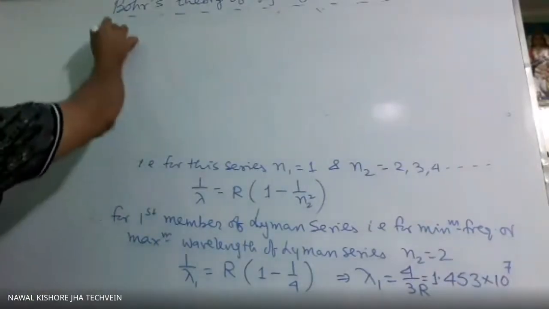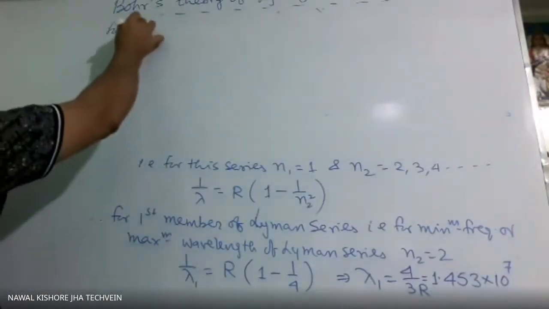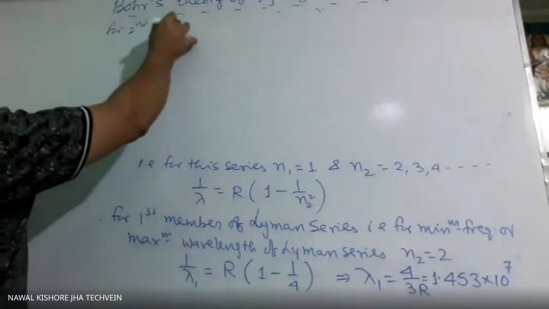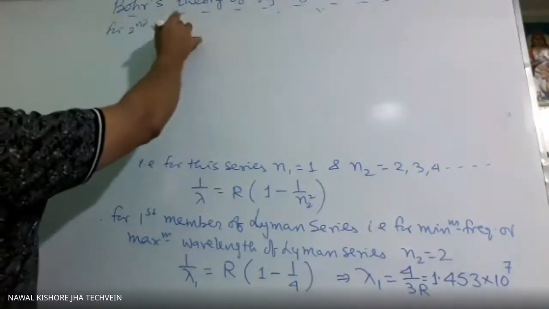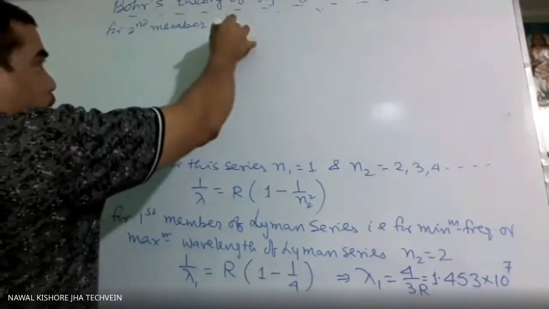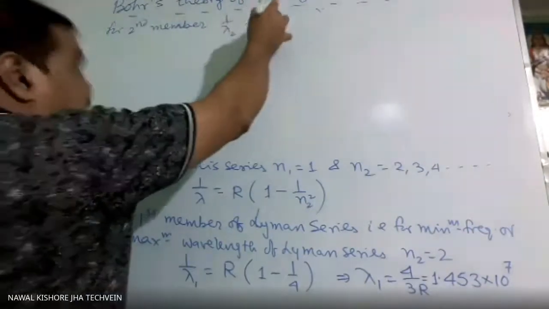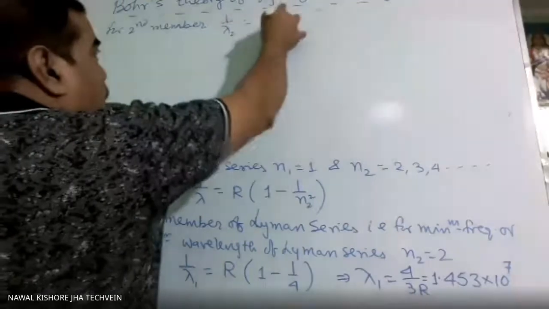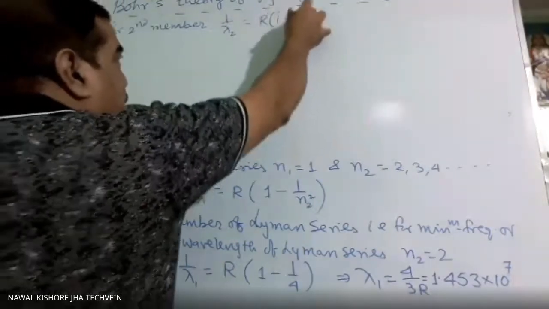For second member, what will be? 1 by lambda 2 will become R times 1 minus 1 by 9, 3 squared will come.